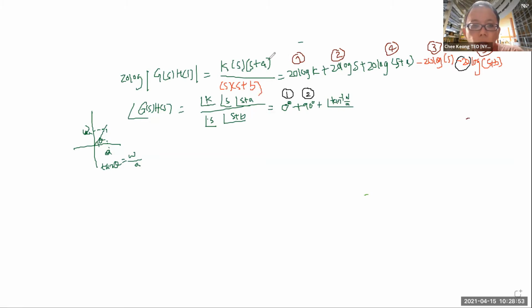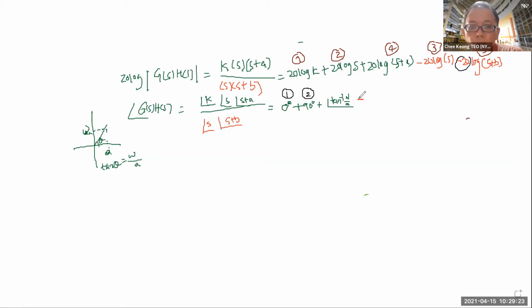Then of course for the denominator, I should use the same analogy. So it's angle, using the red color, and I use a B, S here, and angle of S plus B, right? So in the same sense, the phase is plus together for the numerator, but for the denominator again it is minus, right?